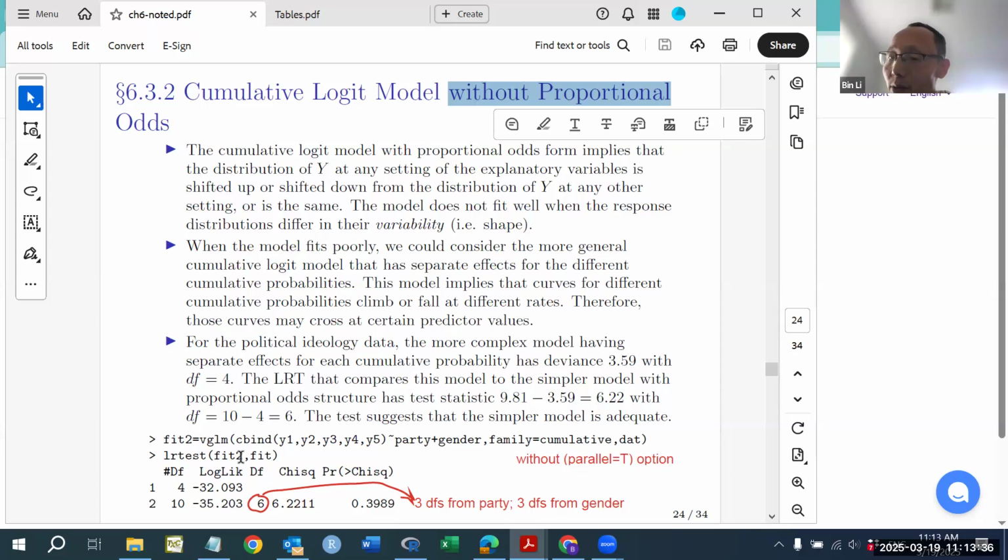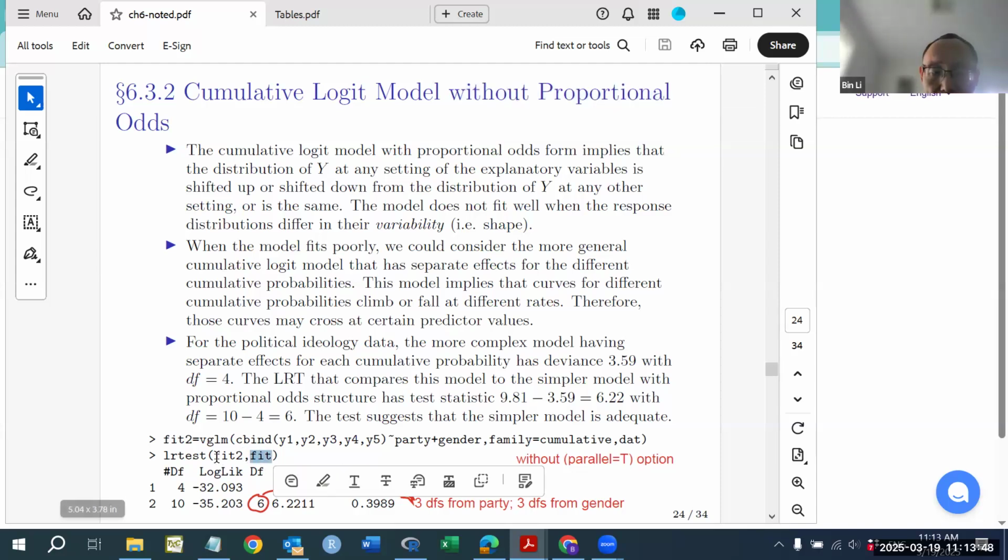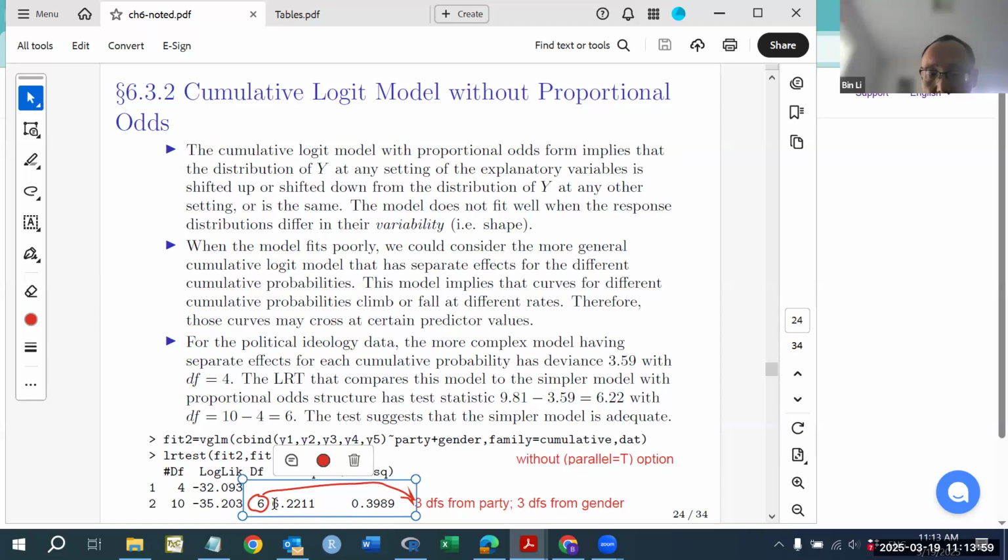Because the model is simpler, plus there's no significant difference between these two models. Fit is the one with proportional odds. Fit 2 is the one without proportional odds. You can see we do the test, the degree of freedom is 6, and the test statistic is 6.2. And you can see the p-value is not significant.